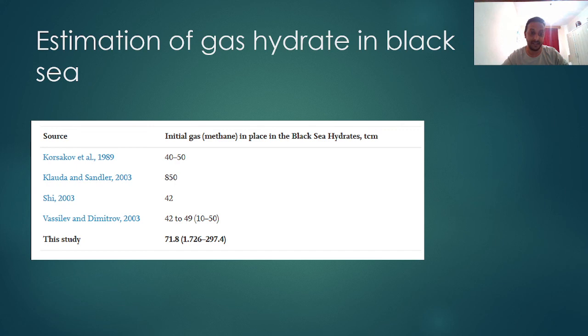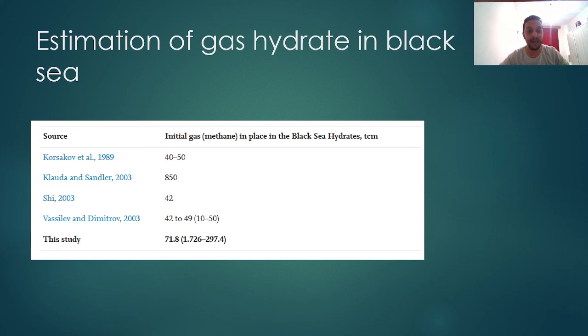Another study, done by Koloda and Sandelar in 2003, said that it was 850. That's a very huge number. And in the same year, one whose name is Shi estimated that the original gas in place is 42.